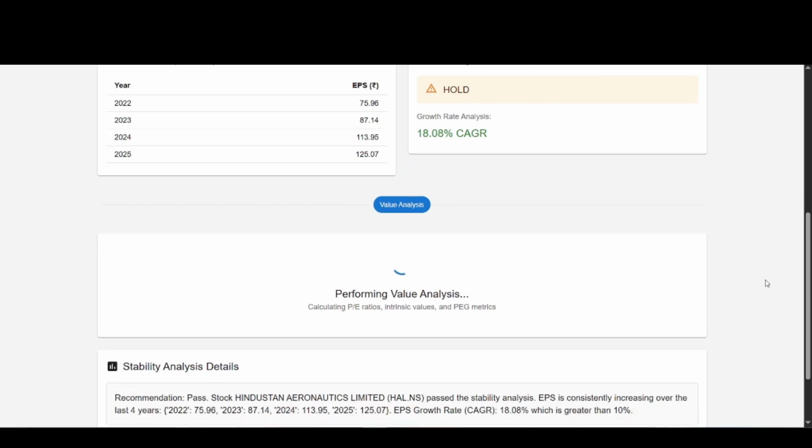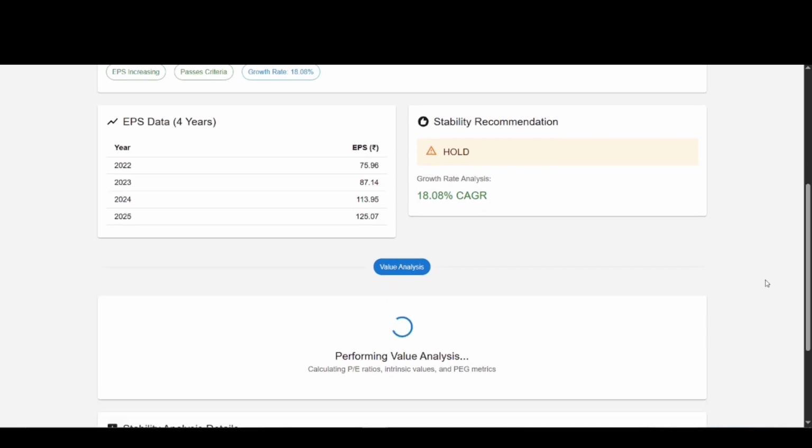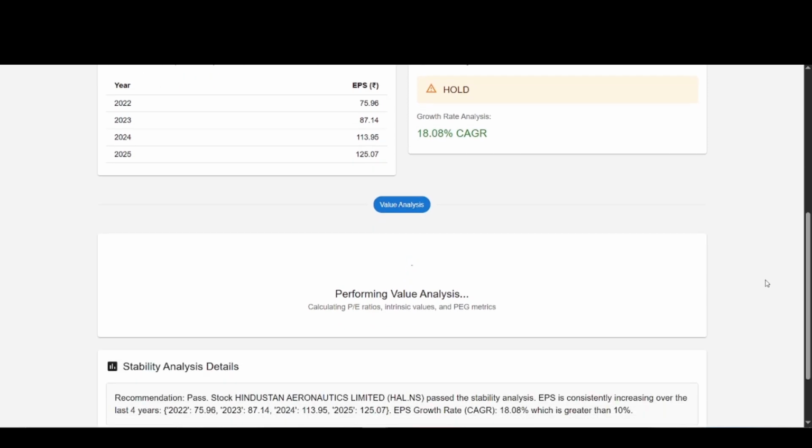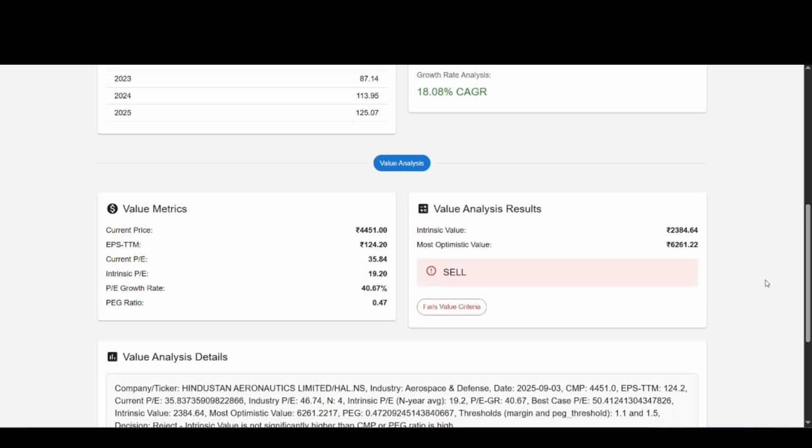Since the first round passed, we can see that the EPS is increasing and the growth rate is 18.08%. So it passed the first round and then moved on to the value analysis. Now it's performing the value analysis. It's calculating the PE ratios, intrinsic values, and PEG metrics.